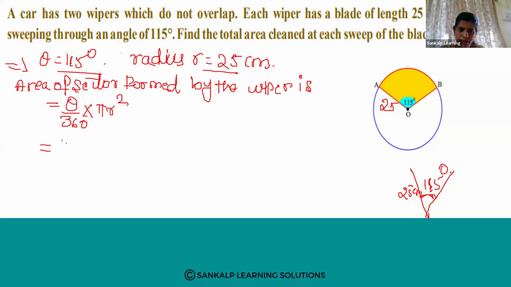So theta value is 115 degree divided by 360 degree into pi value is 22 divided by 7, r is 25 into 25, right?